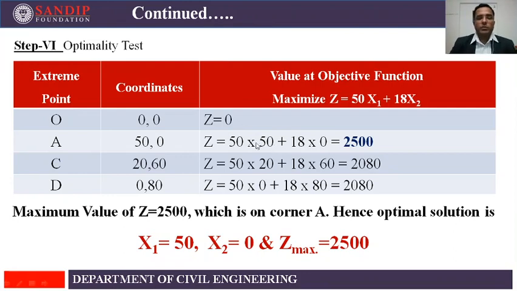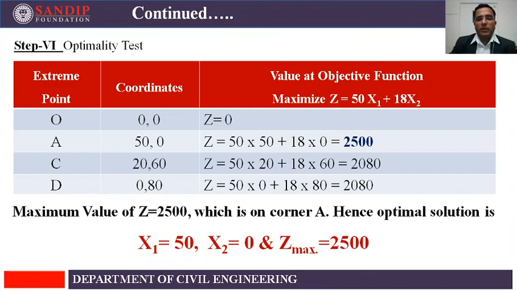So the maximum value of z is 2500, at corner A. The optimal solution is x1 equals 50, x2 equals 0, and z max equals 2500. In this way we have got the solution for the given linear programming problem: x1 is 50, x2 is 0, and z max is 2500.